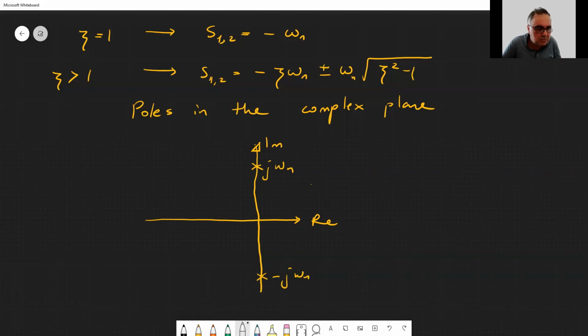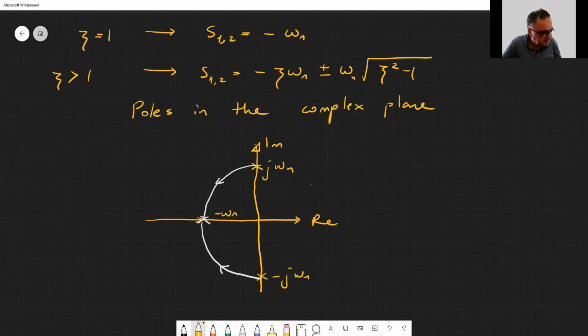Then the poles, when they start moving like this as damping ratio increases, like this, supposedly make a circle, although I cannot draw it very well. And it comes to here when zeta is equal to 1, at minus omega n.